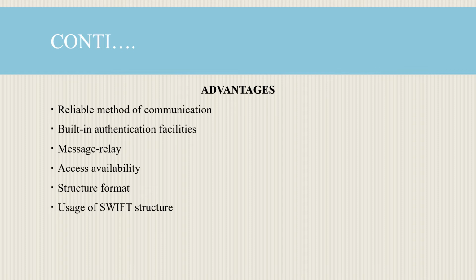And next one is usage of the SWIFT structure. So this format is not only used by international banks and national banks, but even local banks, because of the technologies and structured formats used for message transmission. It makes local banks adopt this structure.